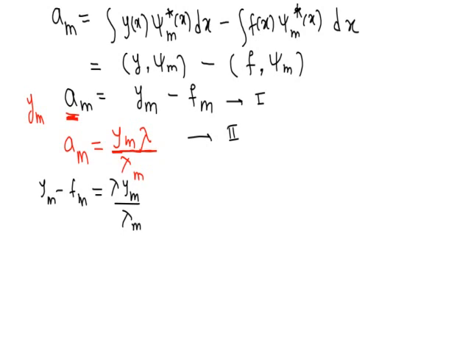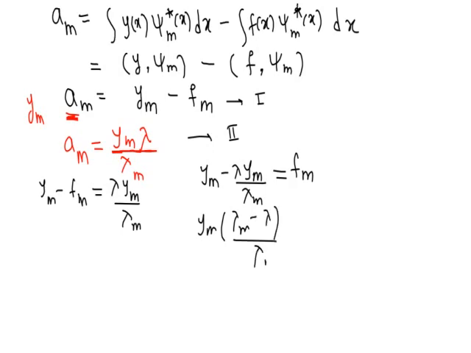If I take this to the other side, ym minus lambda times ym by lambda m is equal to fm. So this becomes ym times (lambda m minus lambda) divided by lambda m, equal to Fm.